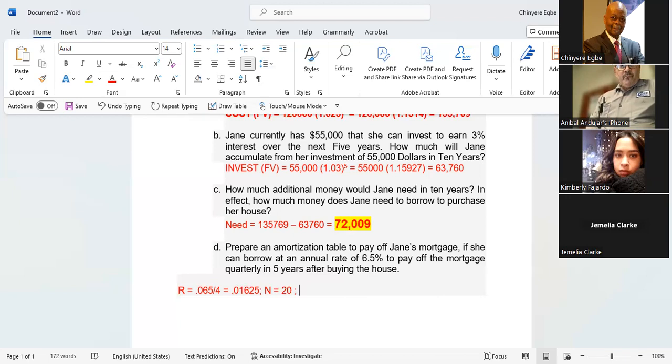So you're dealing with a present value problem, because for the bank, they're giving you the money in the present. So how much money are they going to be receiving from you so as to be able to get their money back in 20 quarters? Okay, so it's a present value problem.